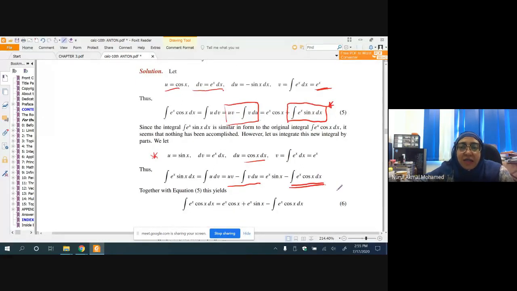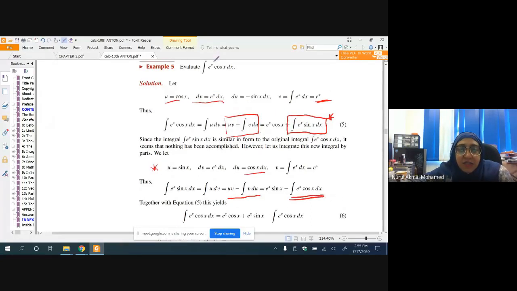So your idea is to combine these two integrals. The integral of e^x cos x is equal to e^x cos x plus the expression given by this integral, which is plus e^x sin x minus this integral.